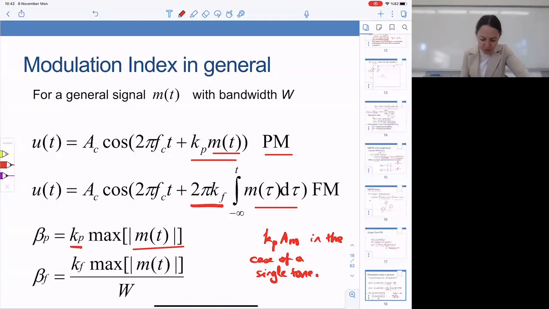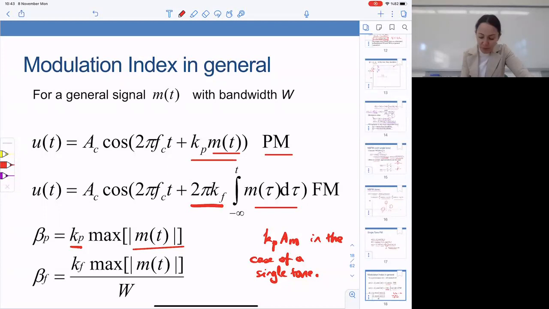So here, in the FM case, the modulation index is quite different. Remember, in the sinusoidal case, we have 2 pi k_f over 2 pi f_m.